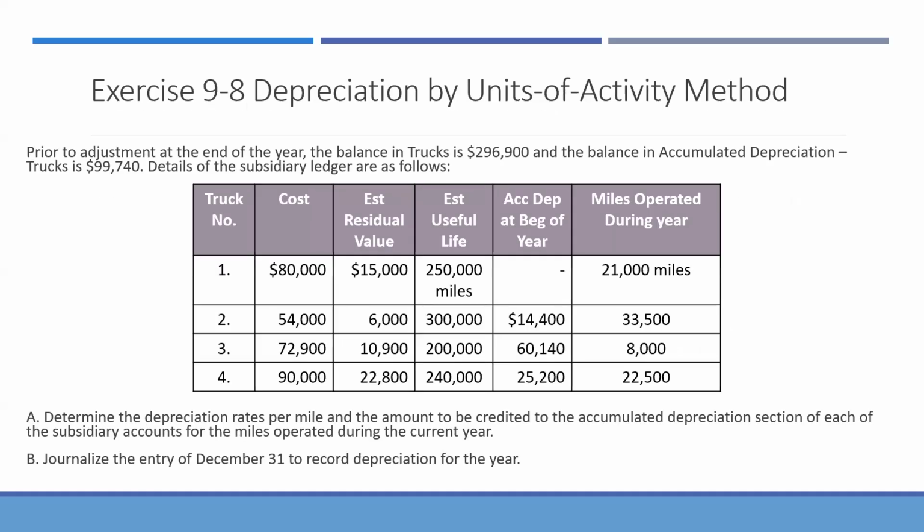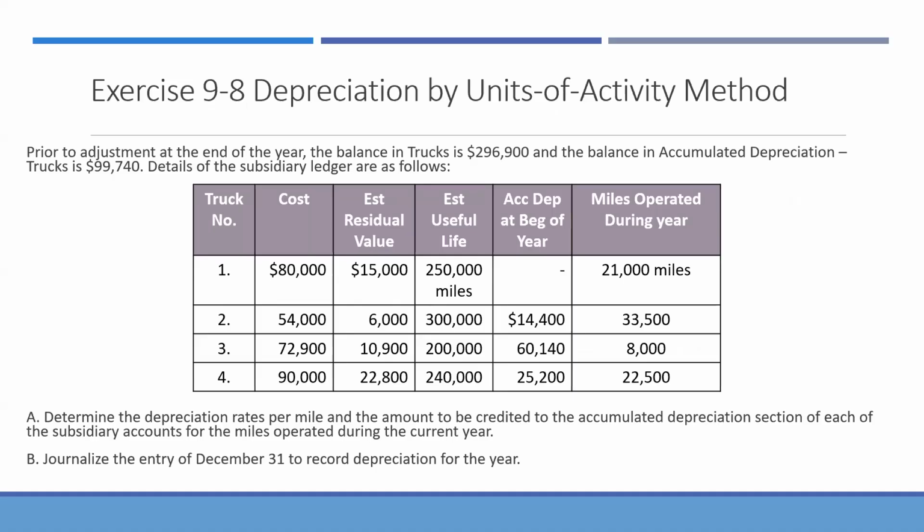And then for units of activity, we are going to estimate each of these 4 vehicles, how long is it going to last? And what's the depreciation during the current year? So we have historical cost, estimated residual value.